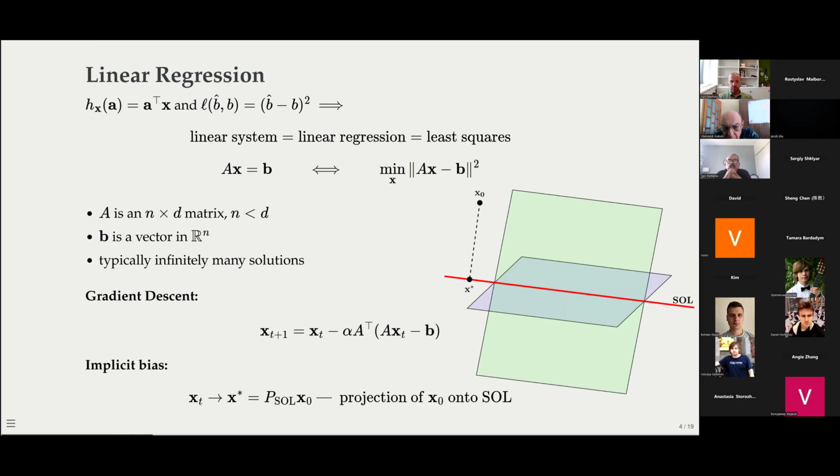We converge to x star, the orthogonal projection of x0 onto the solution set, which is a very reasonable and nice property. There are many solutions, and gradient descent converges to the closest one to the point from which we started. In this case, this is an implicit bias. I hope it's clear what I meant by implicit bias. So let's go to another.